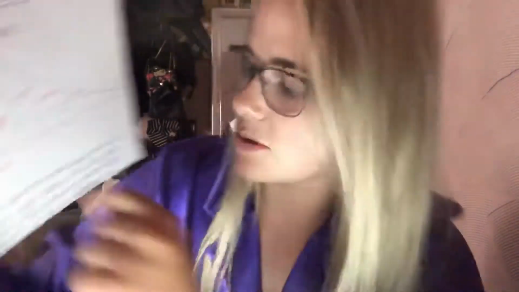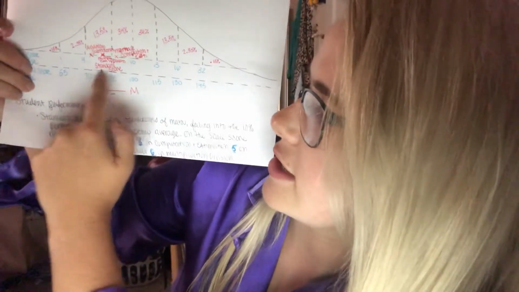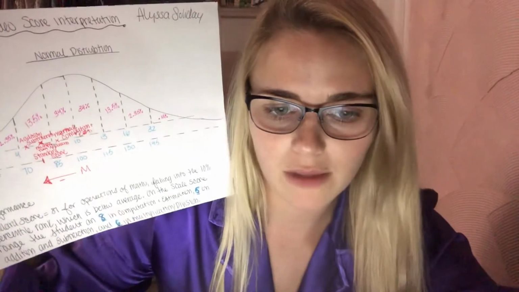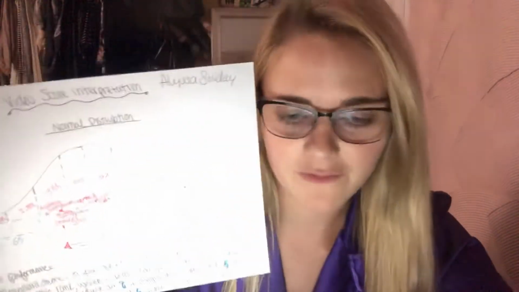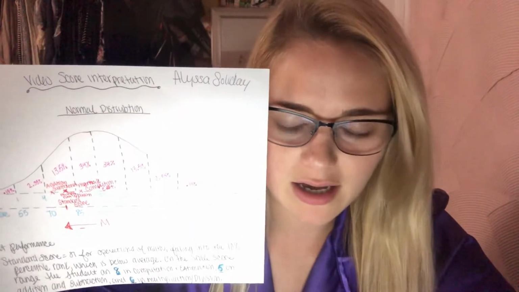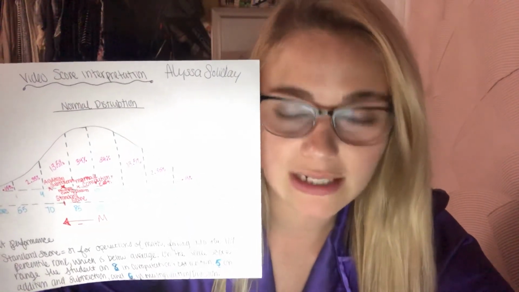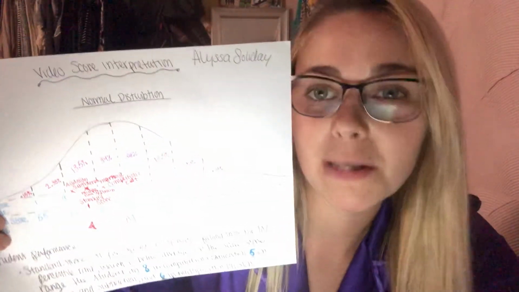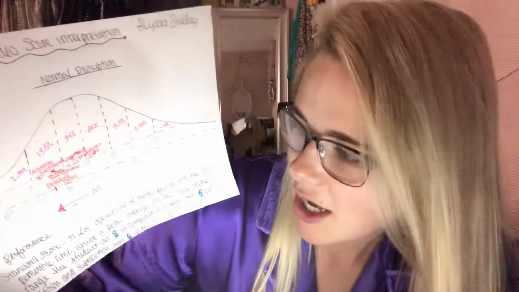This student scored an 81 on mathematical operations. So the 81 lands about right here, and that is more than one standard deviation away from the mean. And it looks like with the graph on Canvas, an 81 is below average, middle below average.